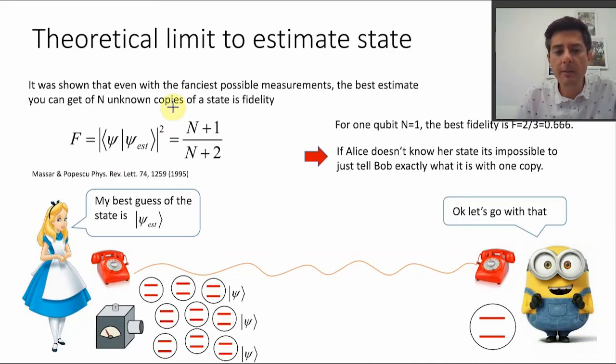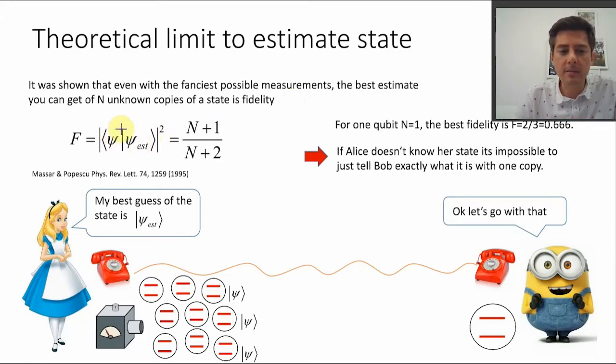So even with the fanciest possible measurements, we've only done very simple quantum mechanical measurements in this course, but you can do some more complex types of measurements. But it's known that there are fundamental limits on how well you can estimate an unknown state.